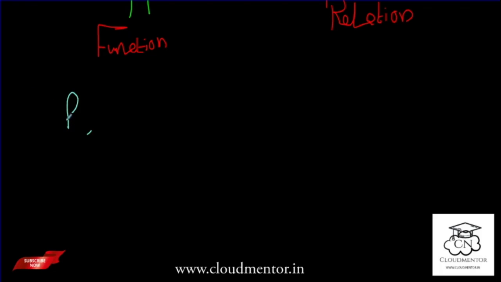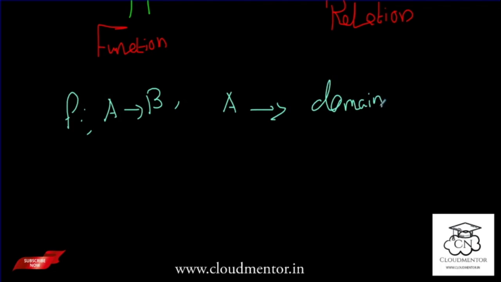Let f be a function from A to B. Then A is known as the domain of f, and B is known as the codomain of f.